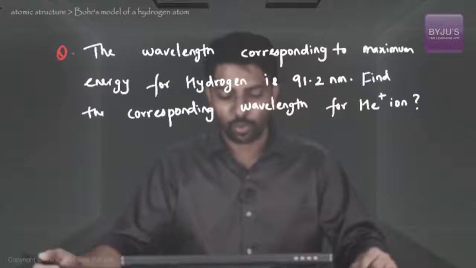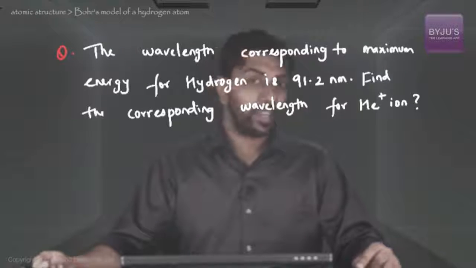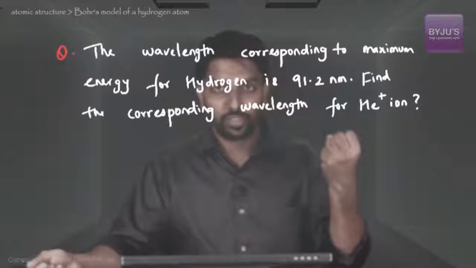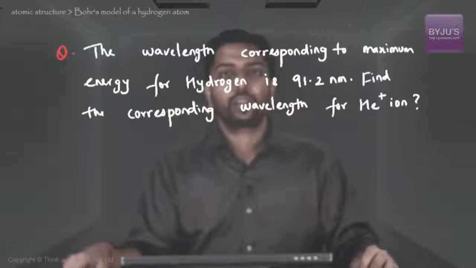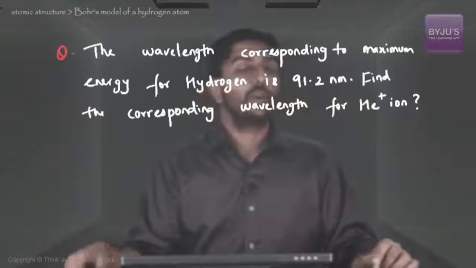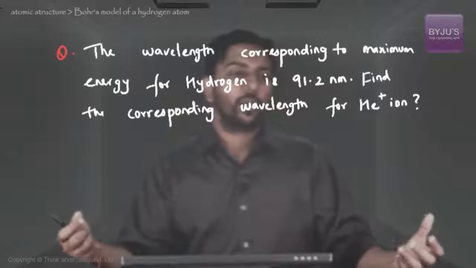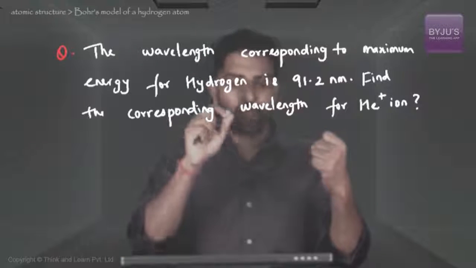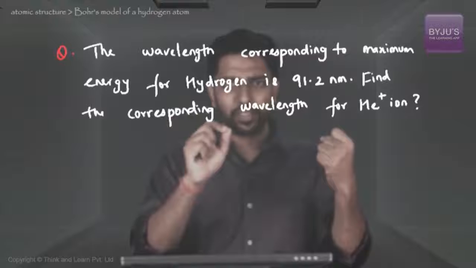The number of protons is going to be more. So there are more protons in the nucleus, and there is just the one electron. Now tell me, is it going to take more energy to remove the electron from wherever it is?